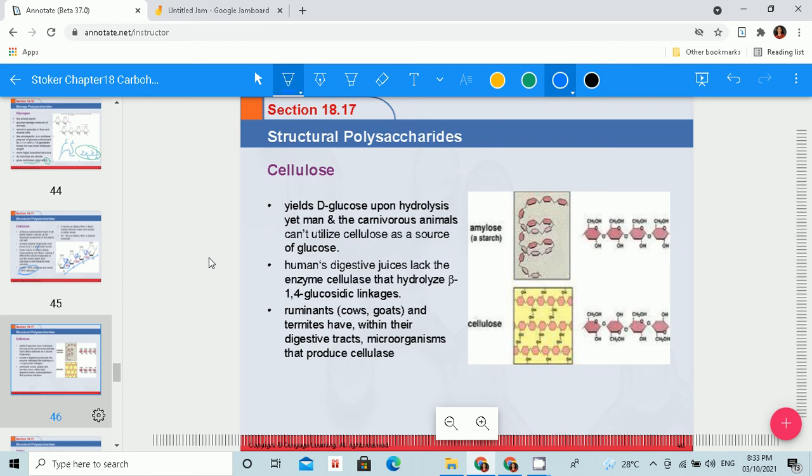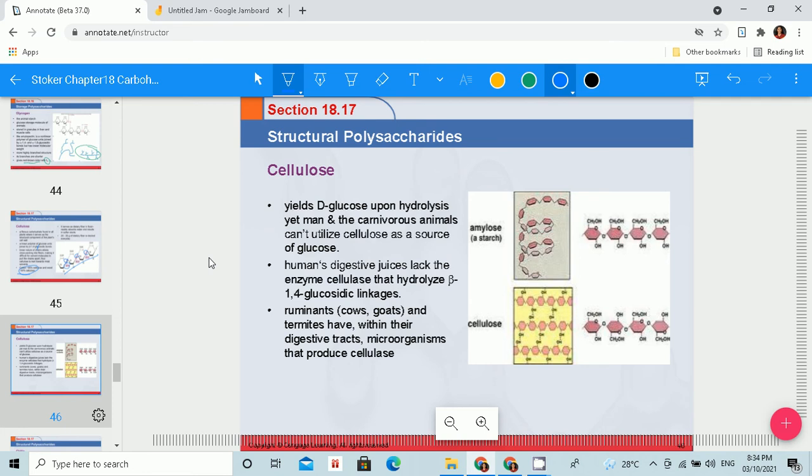That's why it acts as dietary fiber, but in fact our body can't digest it. We don't have an enzyme that hydrolyzes cellulose. Our body doesn't have a cellulase.